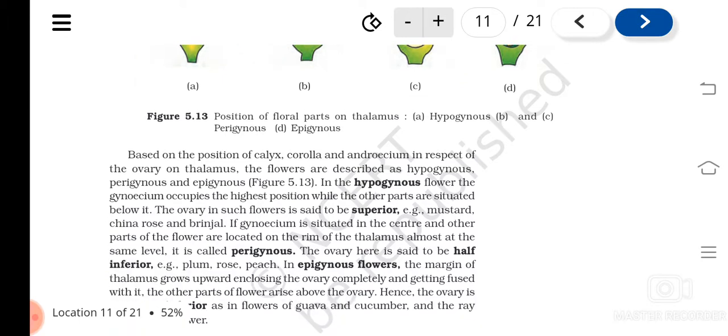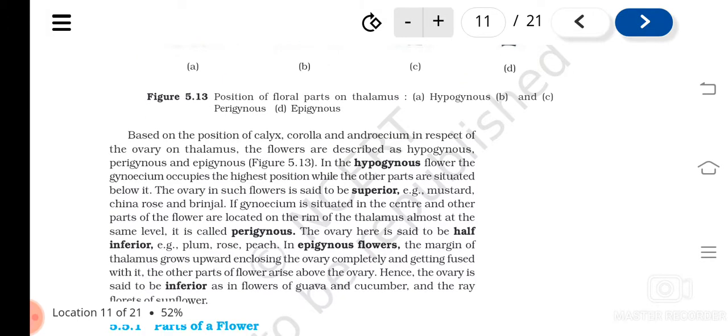Then, on the basis of the position of calyx, corolla, and androecium with respect to the ovary, the flowers can be hypogynous, perigynous, or epigynous. What do you mean by hypogynous? If the ovary is placed above all the other whorls, then we call the ovary superior and the flower hypogynous.